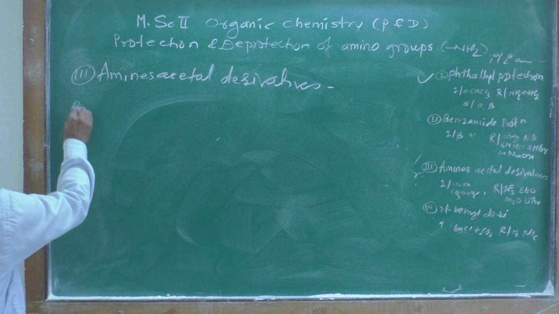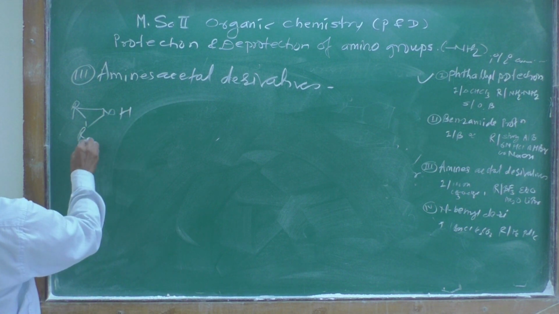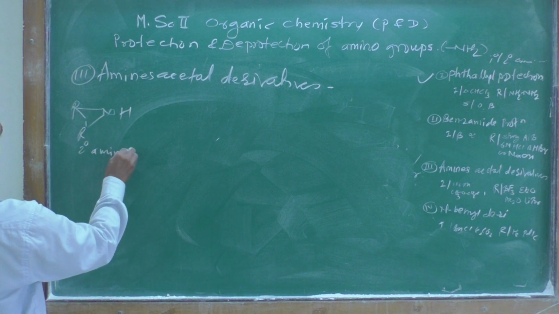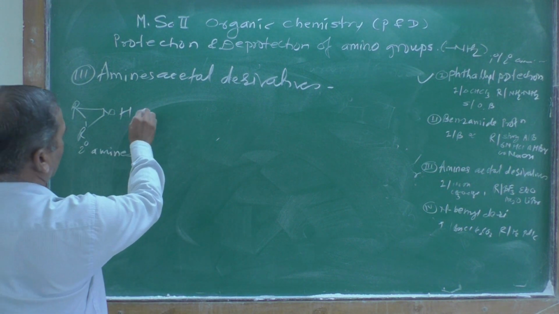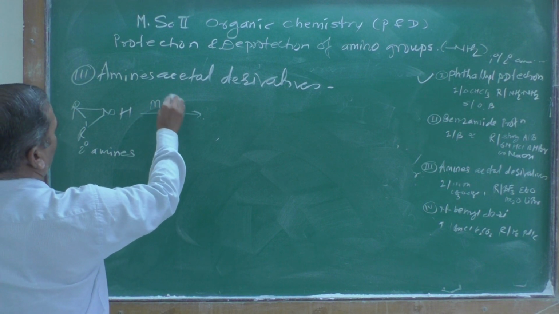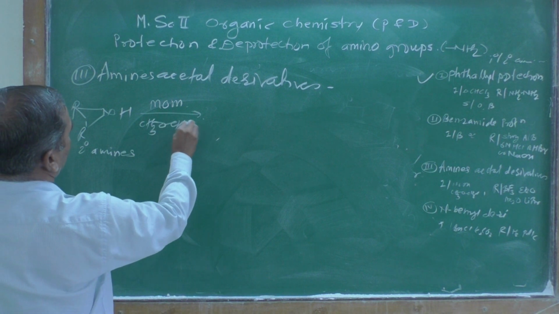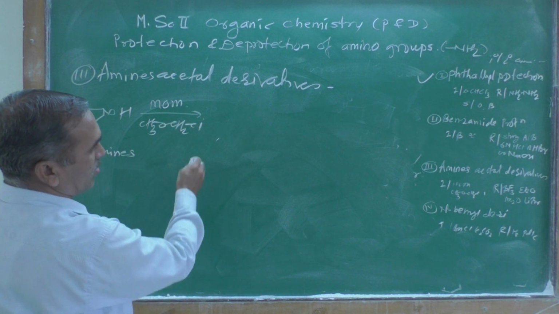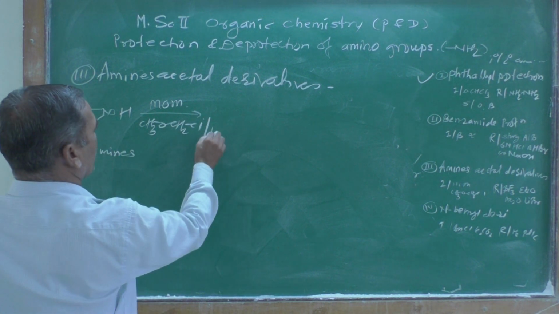Suppose we have a general secondary amine, R-NH-R', and this is further treated with MOM chloride, methoxymethyl chloride. You might be knowing MOM is this one, CH3O-CH2Cl, in presence of sodium hydroxide.